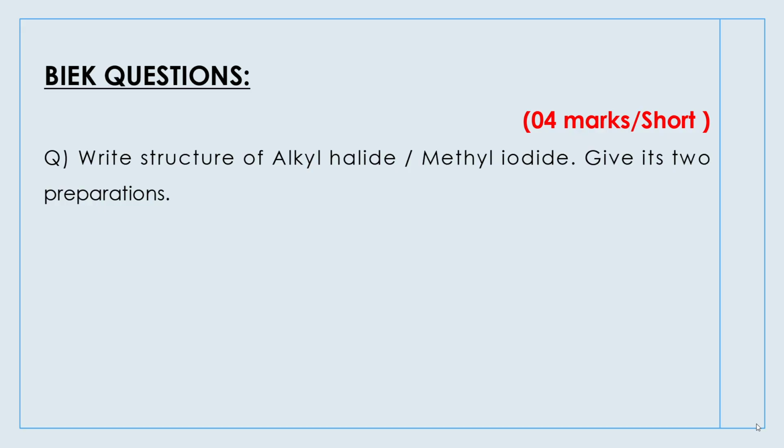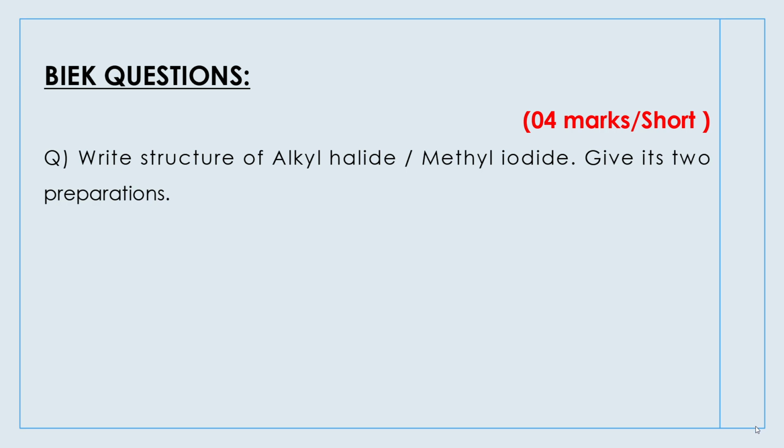For example, in this video we have studied the structure of alkyl halide, and I also told you about the 3 preparatory methods that you can use for the preparation of the alkyl halides. So how will you get this question in your board examination? They say write the structure of alkyl halide, or they might specify methyl iodide, fluoride or bromide.